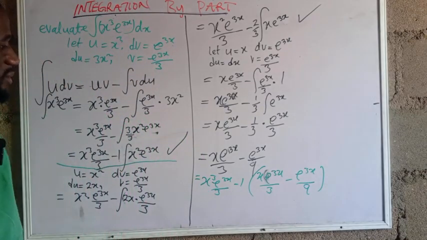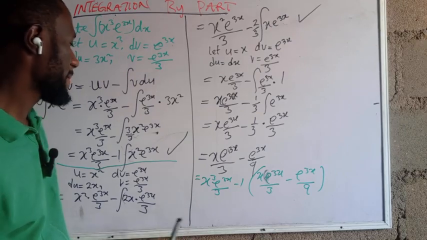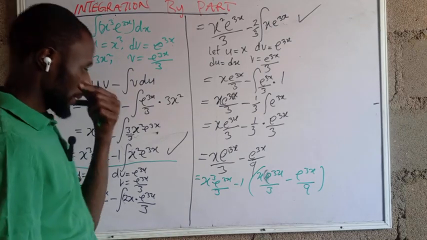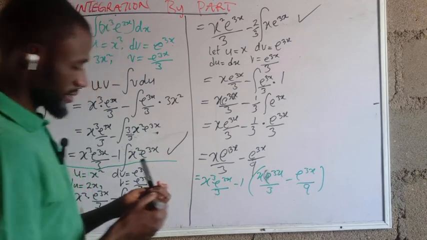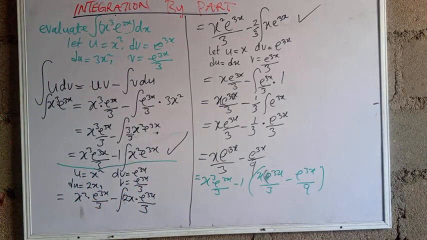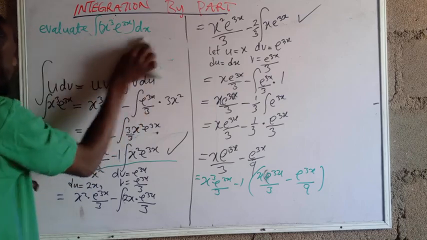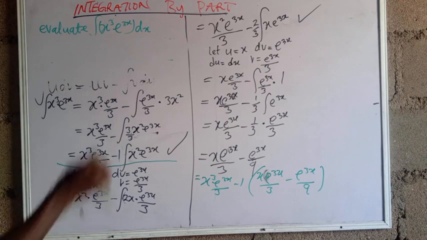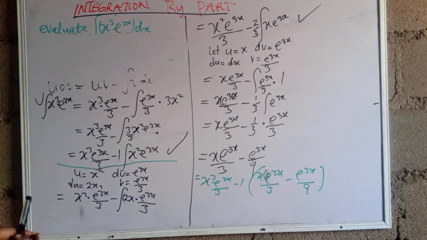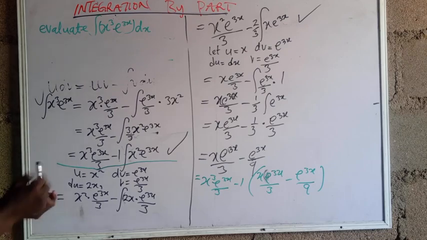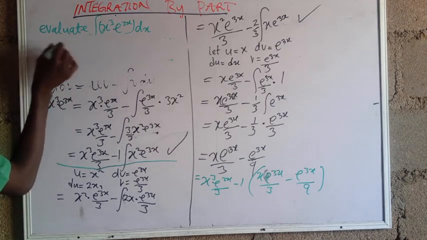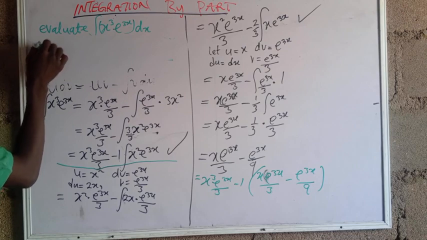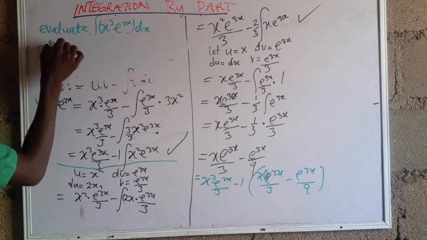That is what we have here. Okay, then if you open the brackets, you can resolve into something like that, the final answer will be x cubed exponential 3x.